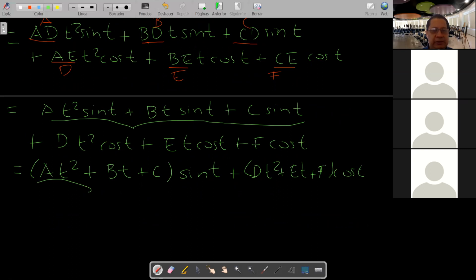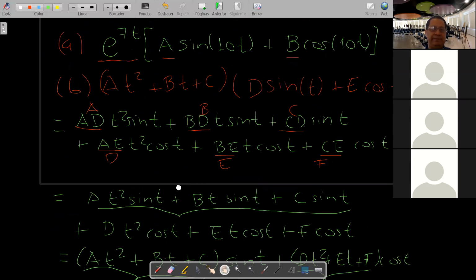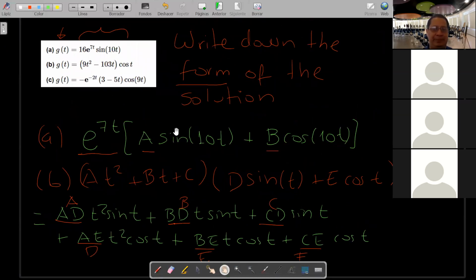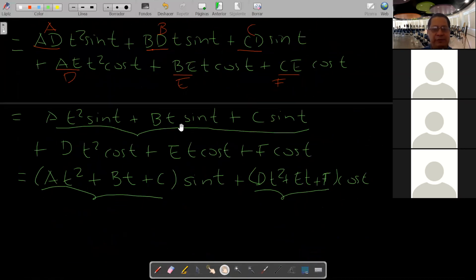So this is a much better expression that we can remember for the guess solution. As you can see, this is just the solution for the polynomial with different coefficients, times sine and times cosine. So whenever you have a product of a polynomial times a cosine, a sine, or a sum of sine and cosine, your guess solution will be the guess solution for the polynomial times the sine plus the guess solution for the polynomial with different coefficients times the cosine.